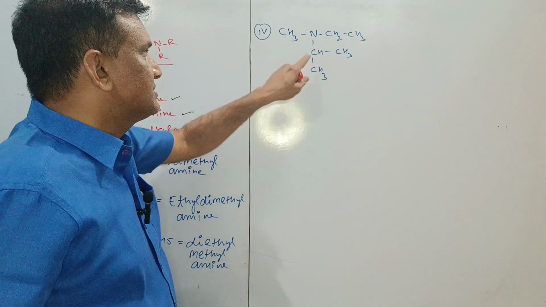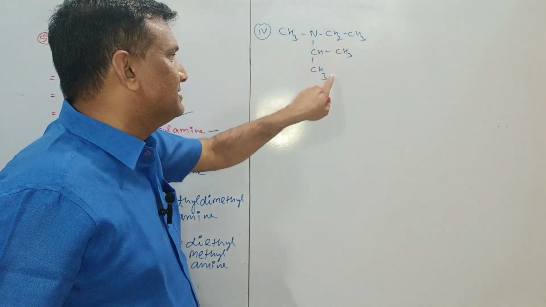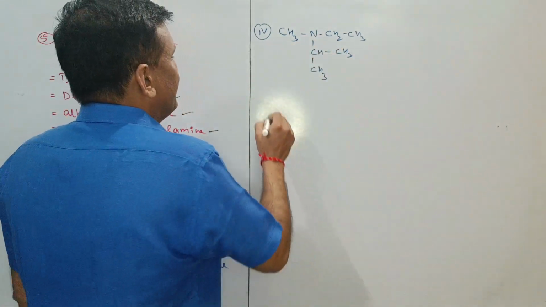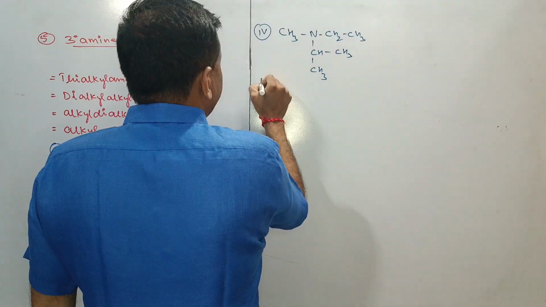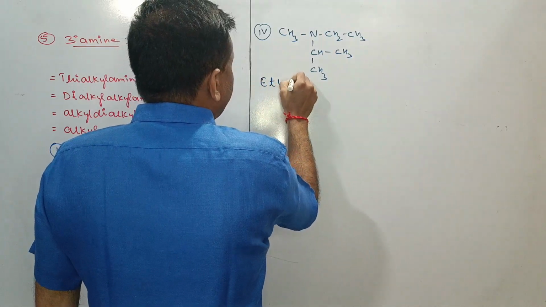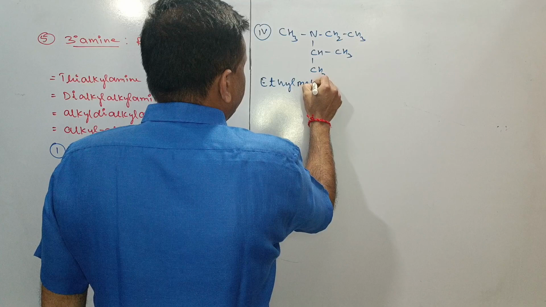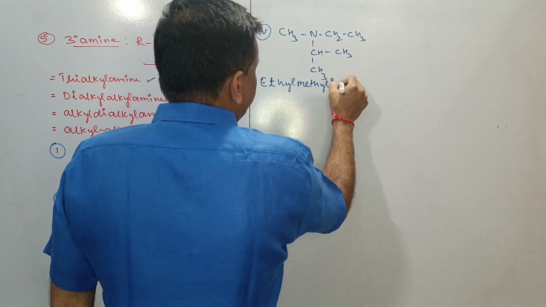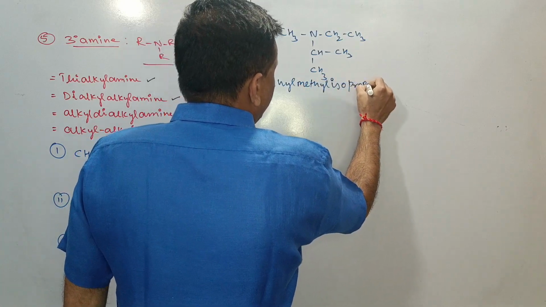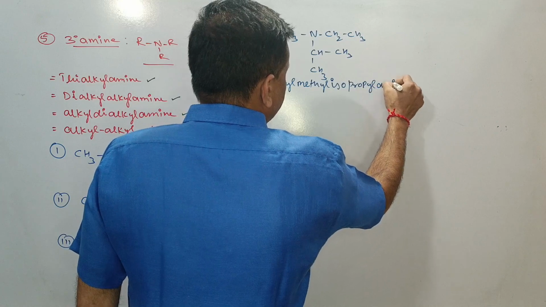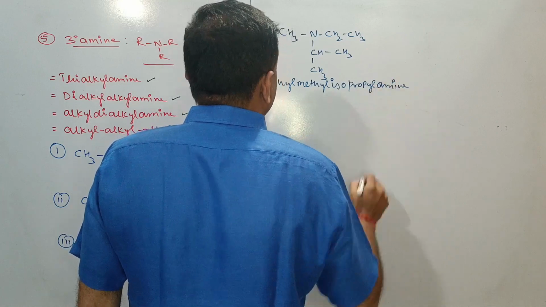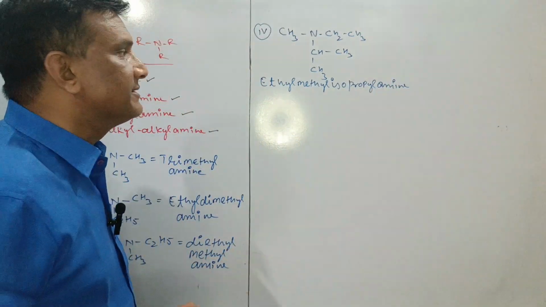If you go with the structure, then this is the methyl, this is the ethyl, this is the isopropyl. So alphabetically, ethyl, E, is more prior, methyl, M, after then isopropyl, and this is the amine. So the name of the compound will be ethyl methyl isopropyl amine.